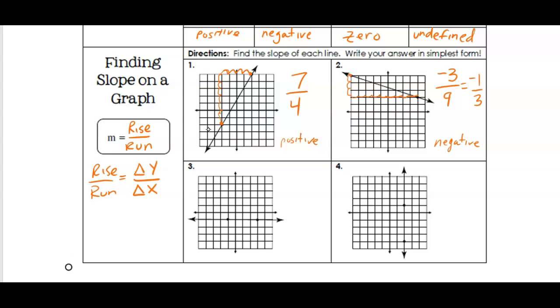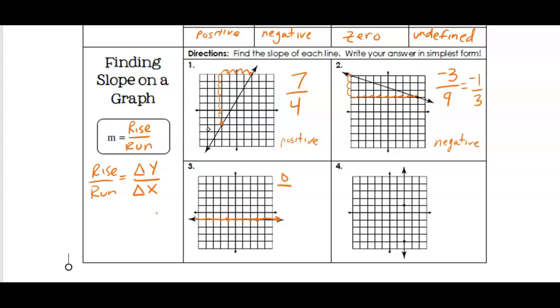This one here, you cannot rise up because it is just a straight line going across. And so up in your directions, I wrote that when they go straight across like this, it's going to be 0. Why is it 0? Well, the dots they have are here and here. How much did I rise up? I didn't rise up at all.